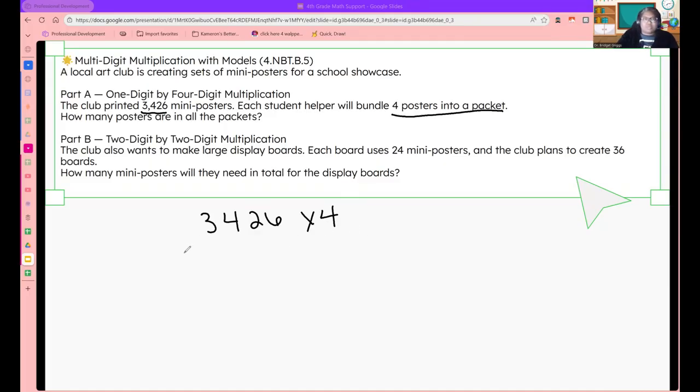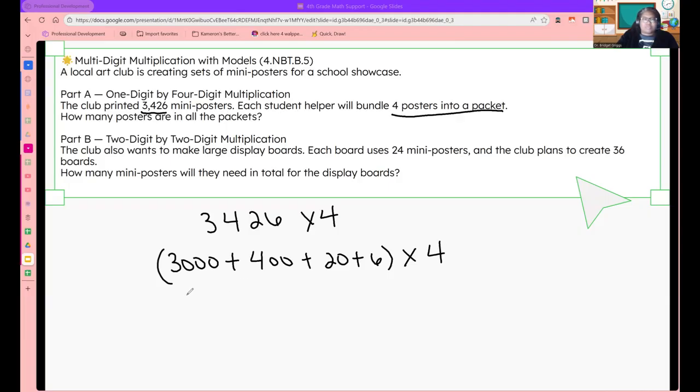So that would be 3,000 plus 400 plus 20 plus 6, and all of that multiplied by 4.